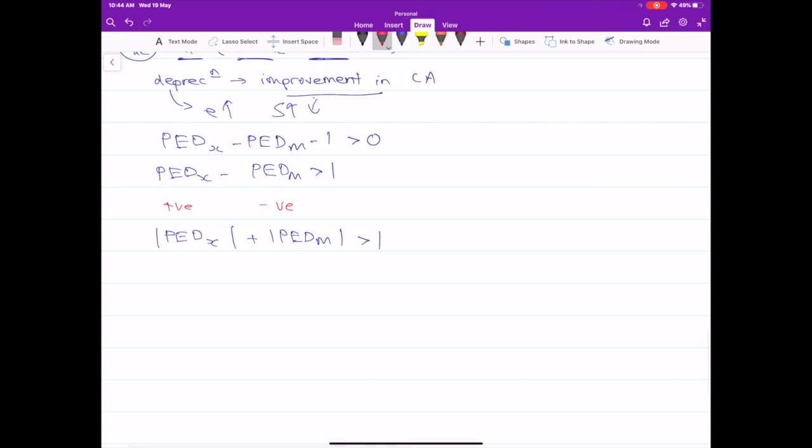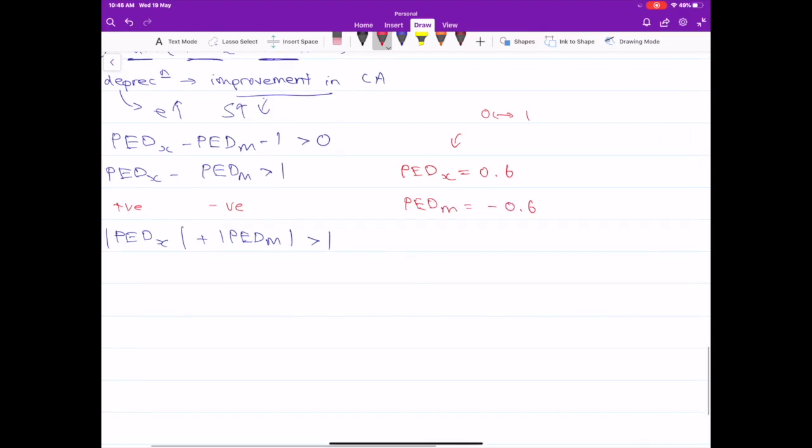Now, let's work with some values in an example. Let's say PDX equals 0.6. And keep in mind, these PD values have to be between 0 and 1. Now let's say PDM equals minus 0.6. So the sum of the absolute values is 1.2, which is greater than 1.